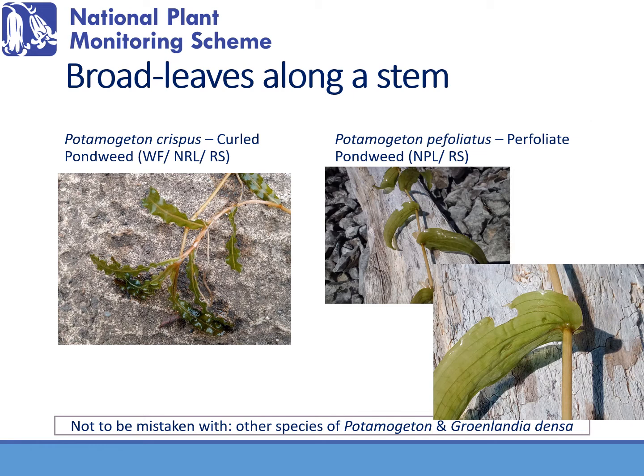The species on the right is Potamogeton perfoliatus or perfoliate pondweed, and perfoliate, if you're not familiar with the term, means that the leaf base almost completely encircles or encapsulates the stem, as you can see on this picture here.